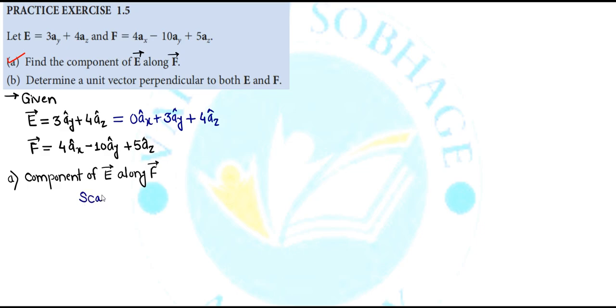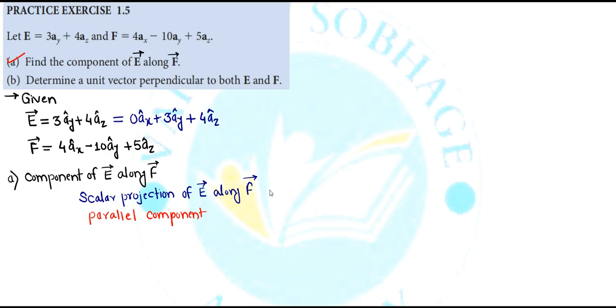For this numerical, we are going to find the scalar projection of vector E along vector F, and another name given to this is the parallel component of your vector E along vector F.